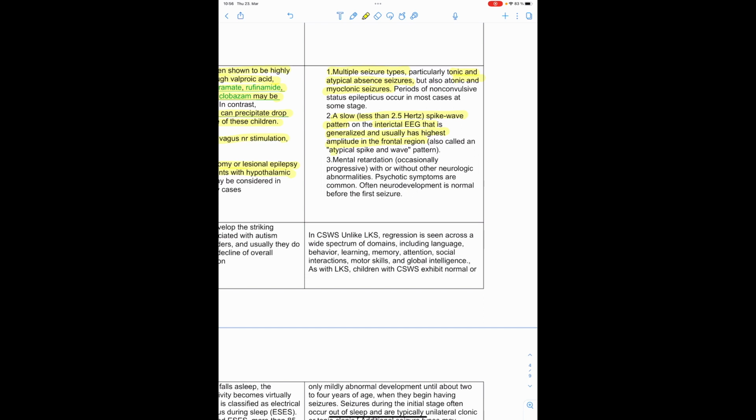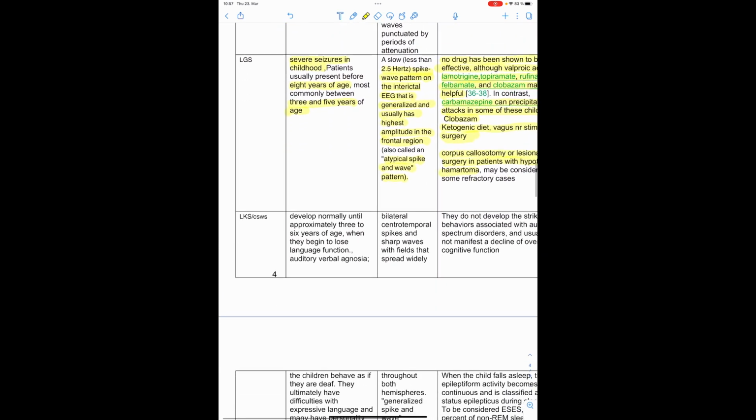It is called atypical spike and wave pattern. There is also mental retardation, occasionally progressive with or without other neurological abnormalities. Psychotic symptoms are common. Often neurodevelopment is normal before the first seizure. So multiple seizures, slow 2.5 Hz spike wave pattern, and mental retardation. These are the three things to remember.